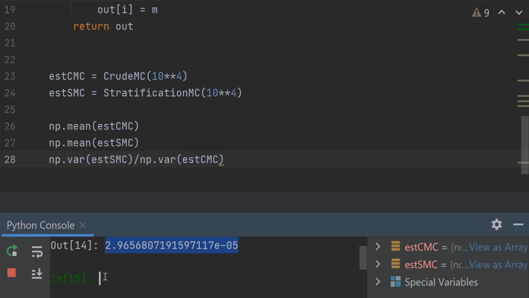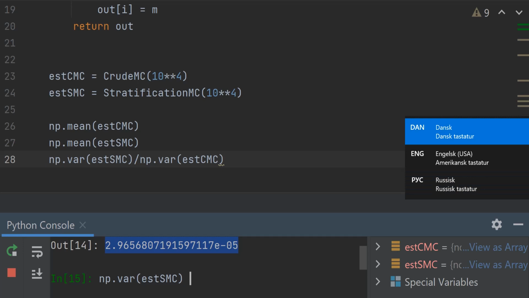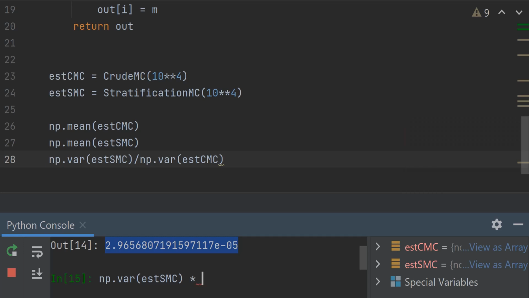Yeah, so if I actually wanted to see what I want, I should probably write something like this. Then this is my estimate of the variance of the mean estimator. But this is not really important.